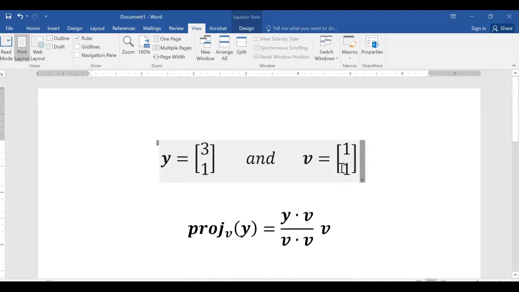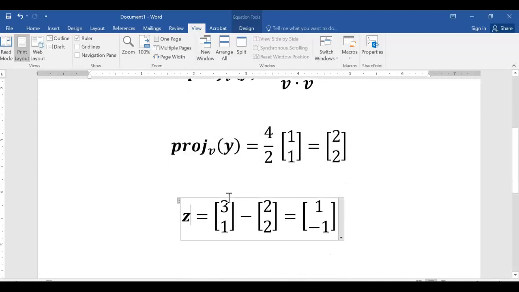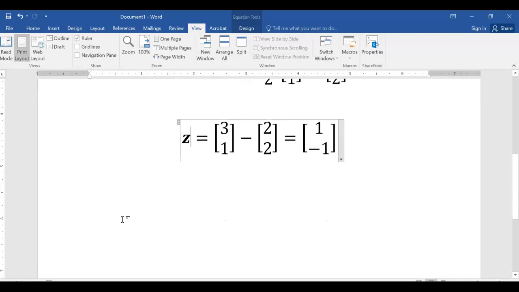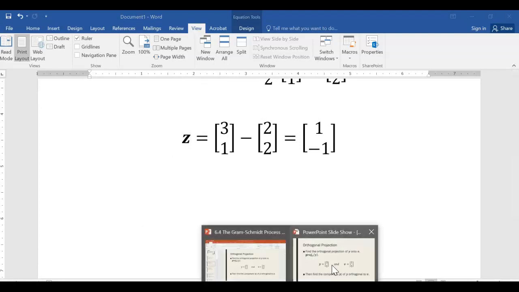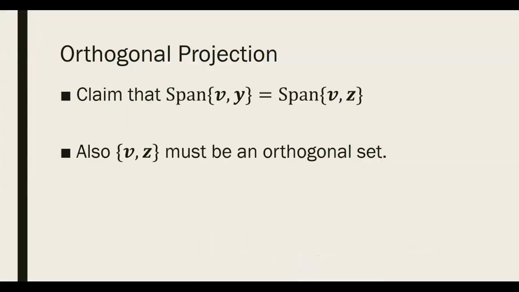And the real trick is to see that anything that I can write as a linear combination of y and v, I can also write as a linear combination of z and v. Let me show you that in just a second.